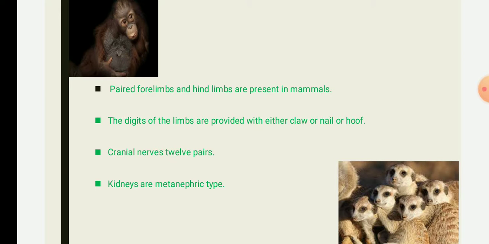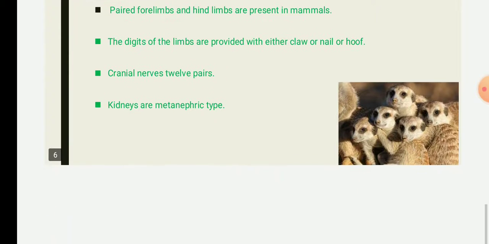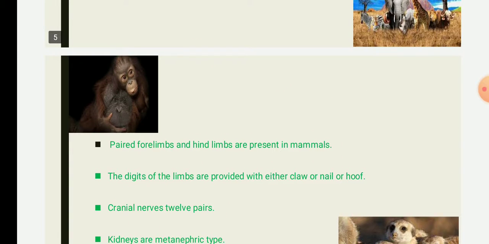With this we have completed the general characteristics of class Mammalia. Quickly, we will see the summary. Mammals have several traits in common: the presence of hair or fur, sweat glands, and mammary glands.